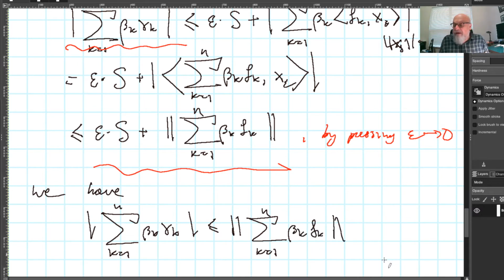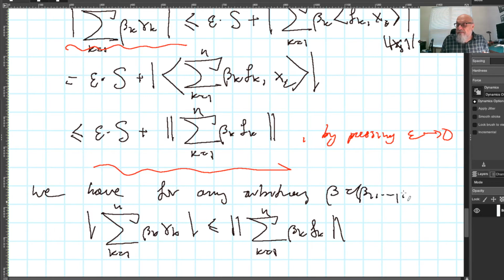And since beta was arbitrary, for any arbitrary beta equals beta 1 to beta n, that implies condition B.